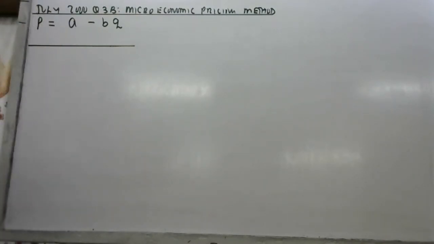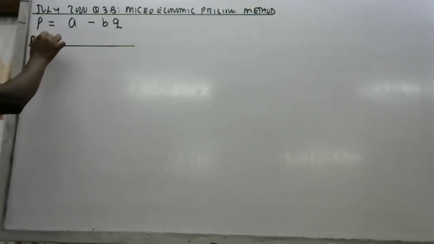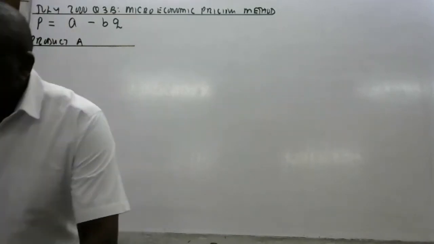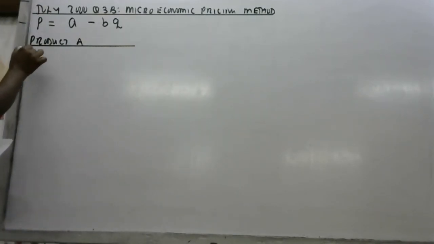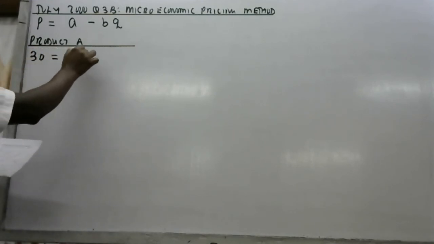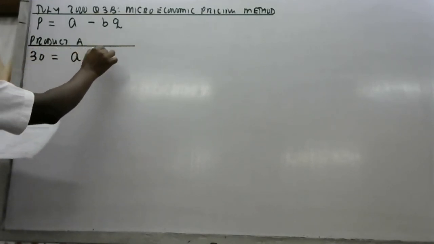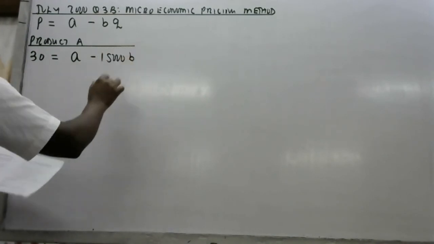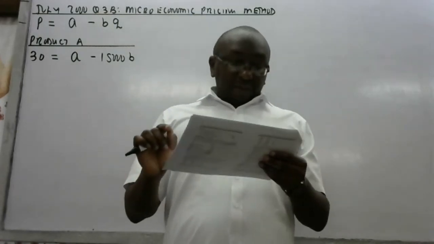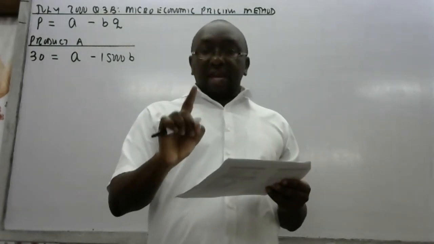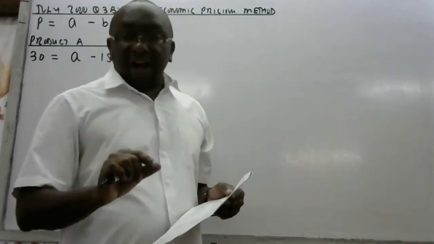So once you have that, let's start with product A. When we go to product A, I have the price of 30 is equal to A minus 15,000 B. Then we are told, if you change the price by 1 shilling, demand will change by 500.